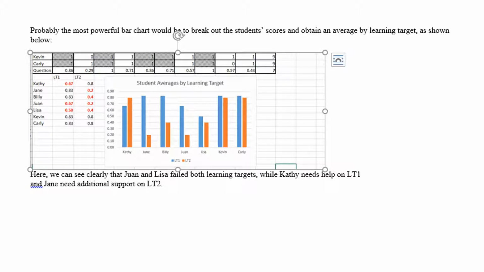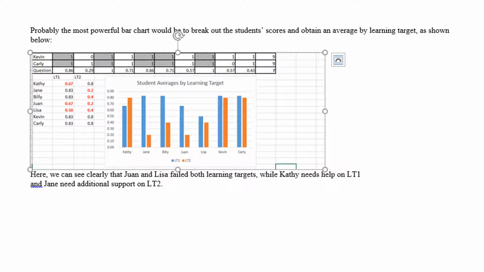But probably the most powerful bar chart would be to break the students' scores and obtain an average by learning target, as shown below. So, for example, let's take Kevin's because you can see the scores at the top.